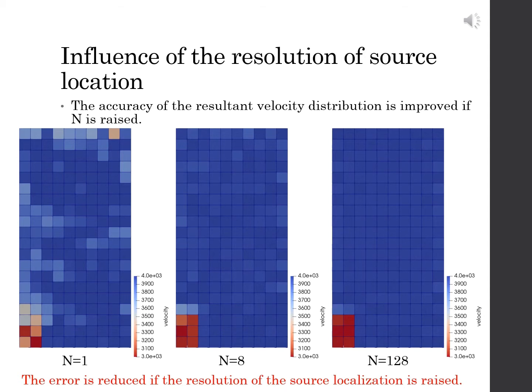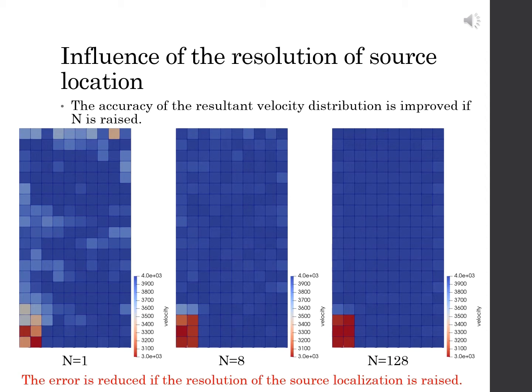You can see many shadows on the distribution, and the accuracy of the distribution is not so high actually. And in the middle figure, the resolution of the source location is 1/8 meters. So the resolution of the source locations is 8 times that of the left figure.